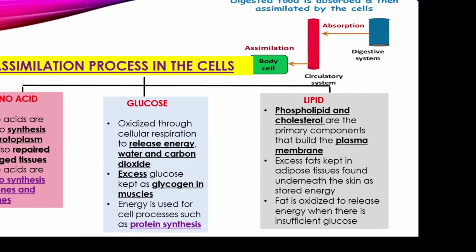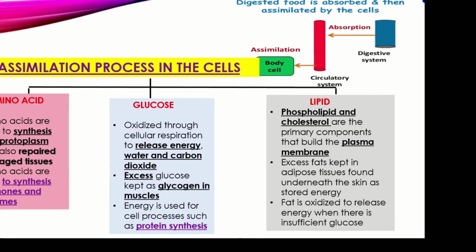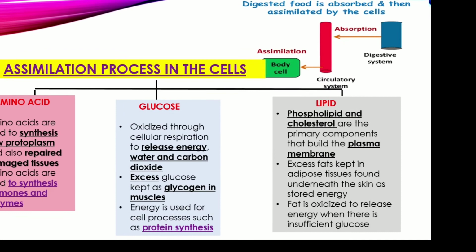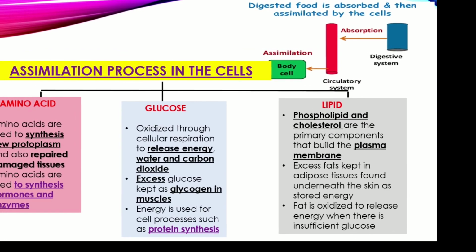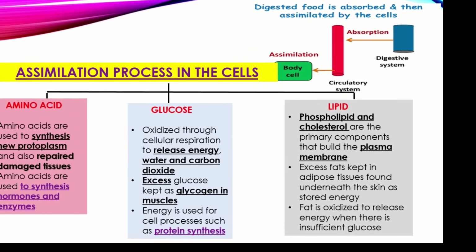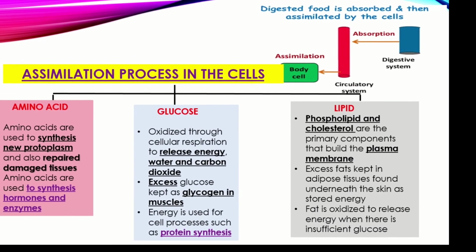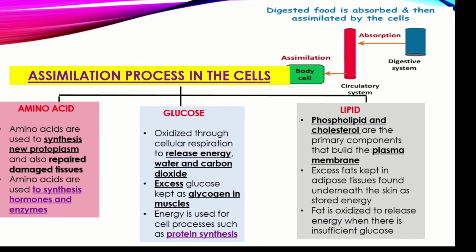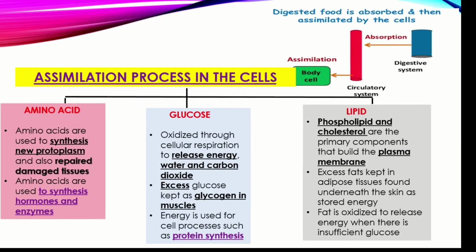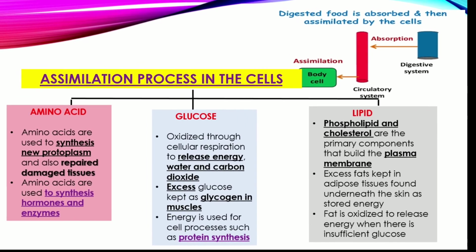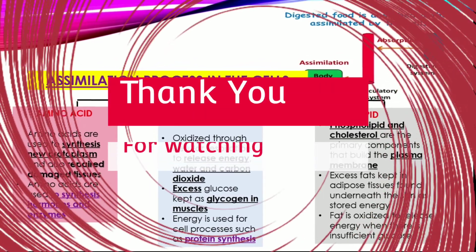Energy is used for cell processes such as protein synthesis. For lipids, phospholipid and cholesterol are the primary components that build the plasma membrane. Excess fat is kept in the adipose tissue to store energy, and fat will also release energy when there is insufficient glucose.